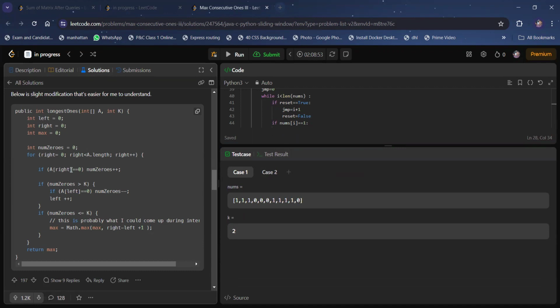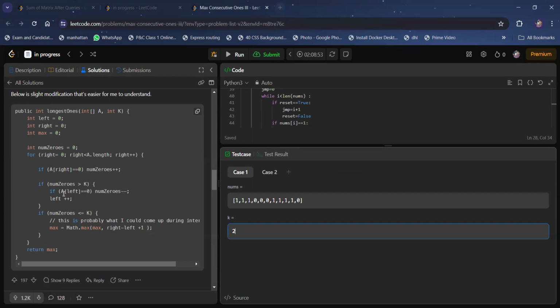So if right equals zero, that means the number of zeros is increasing. Okay, number of zeros I have increased. This particular condition is all it takes to understand. If the number of zeros is greater than k, that means there were two switch flips that were possible, and I have already made three flips.